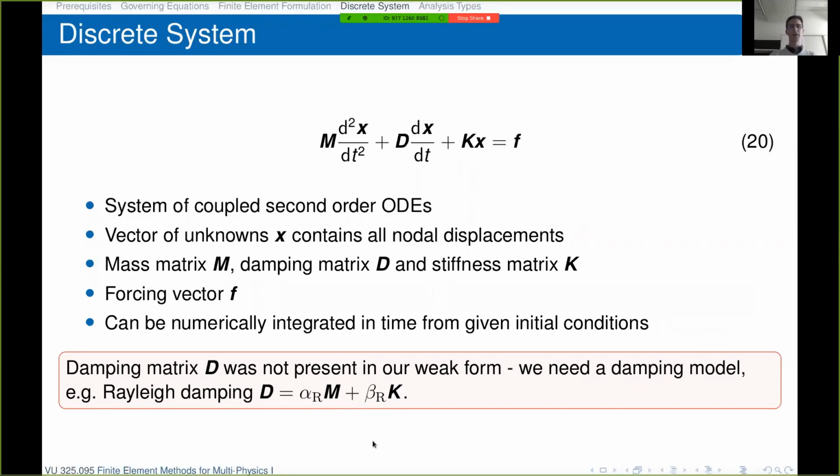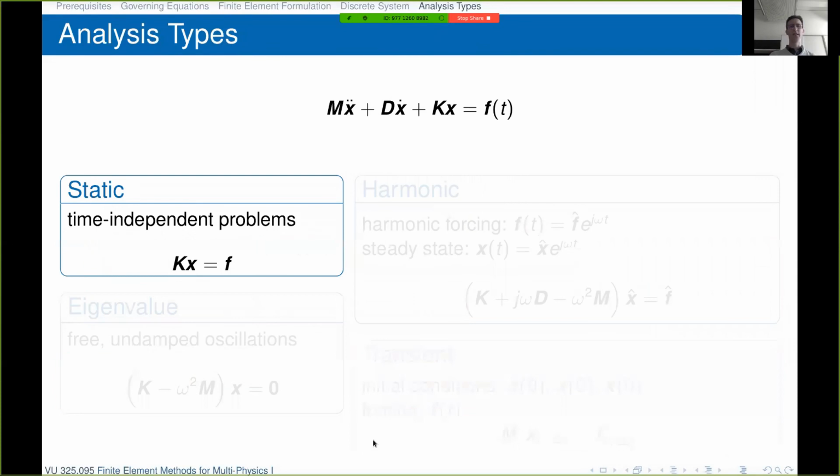Okay, so finally we can look into the analysis types. So we have our equation system, ordinary differential equation system. Now the time derivative written shorthand in the dot notation. And the simplest possible analysis type is the static analysis type, where we simply consider time independent problems.